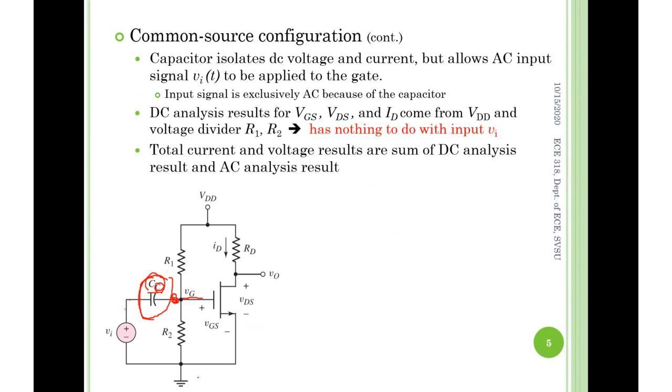It's a coupling capacitor, and because it is located at the input, it's called the input coupling capacitor. You might be able to see it at the output too, which is output coupling. Both are for blocking the possible DC. A coupling capacitor, C sub C.